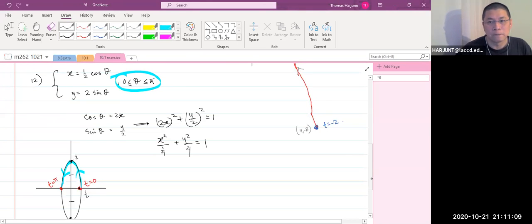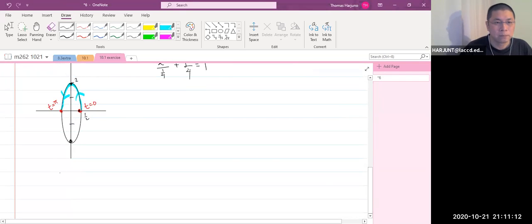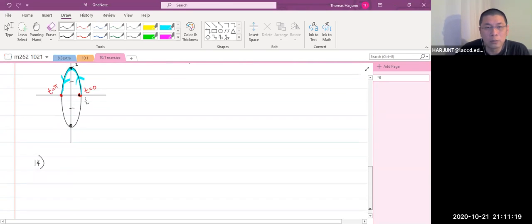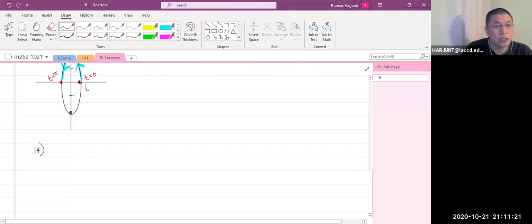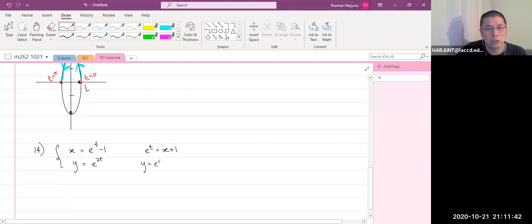Number 14. I basically do all even numbers, huh? Kind of boring. Number 14, x equals e to the t minus 1. y is e to the 2t. Okay, then e to the t equals x plus 1, right? And y is (e to the t) squared.